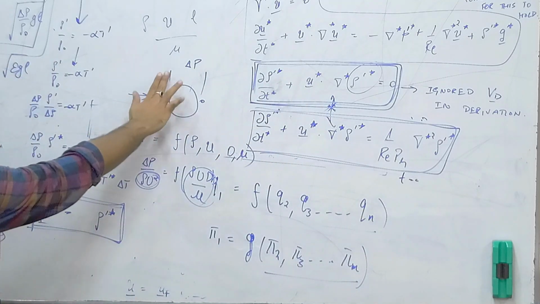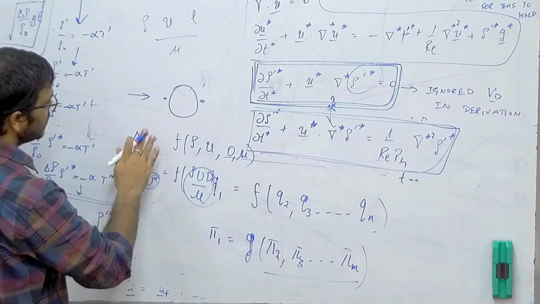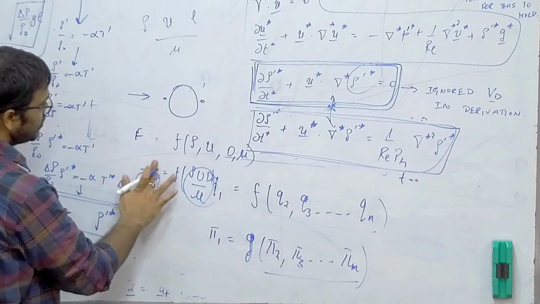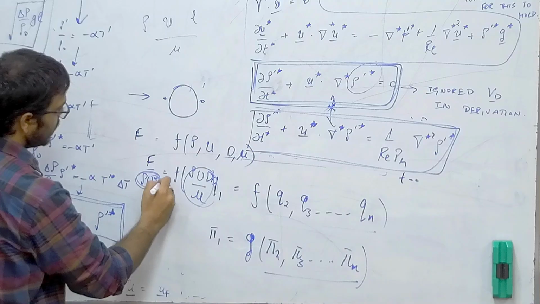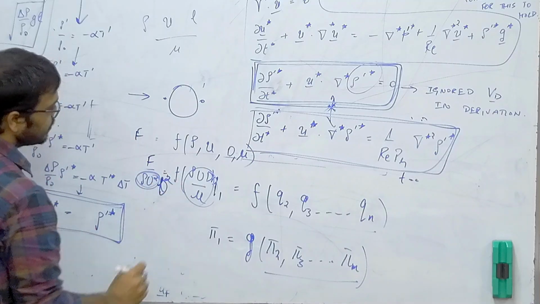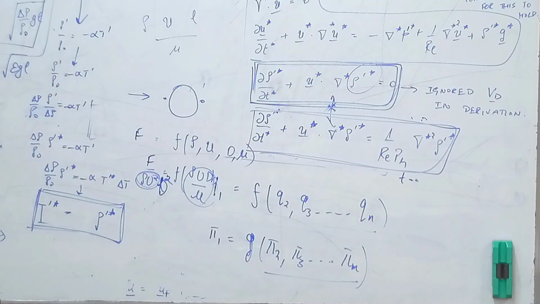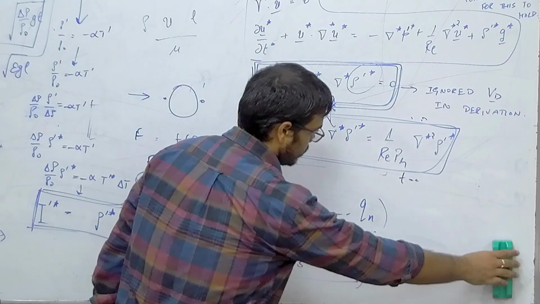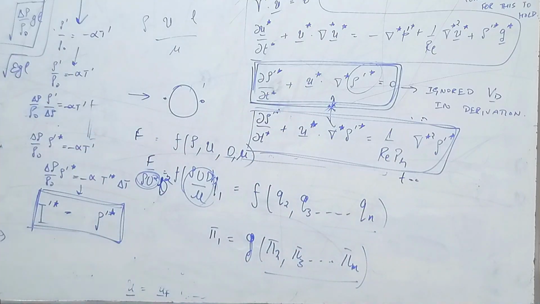Usually in this it is not written as pressure difference, it is written as this drag force. So, you will get an F by rho u square L d square as well. Okay.